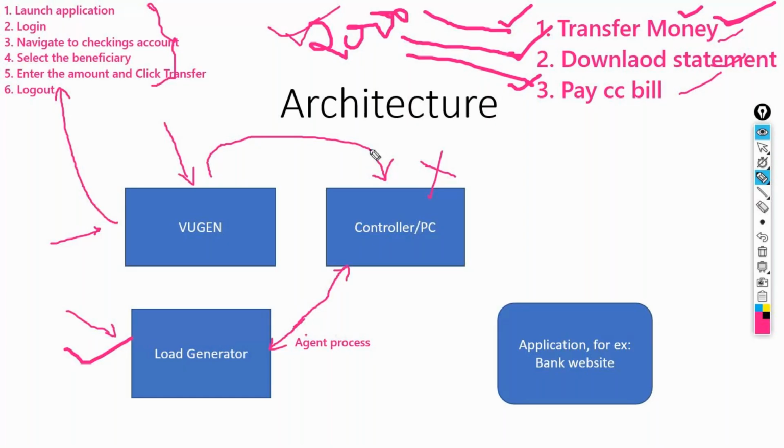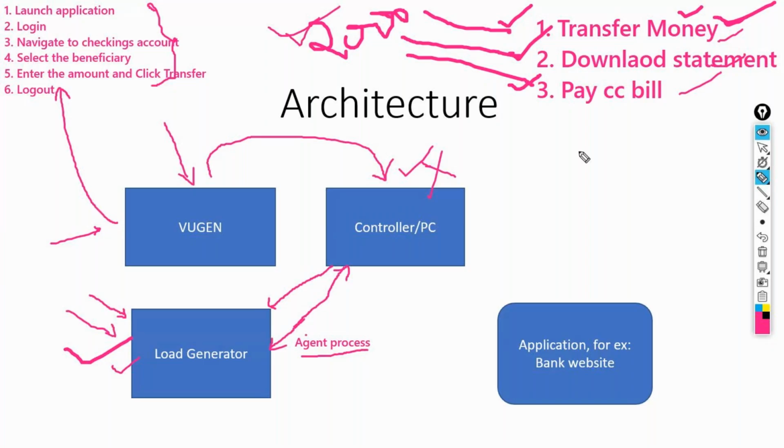Whatever scripts we uploaded here, whatever scenario we created here, all the scripts, files, and everything will be transferred from this component to the load generator. The actual execution happens there because the users are simulated there. So in these machines, the actual execution happens. The transfer of data and files between these two components is taken care of by Agent Process.